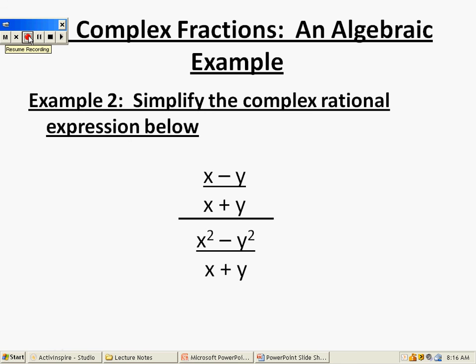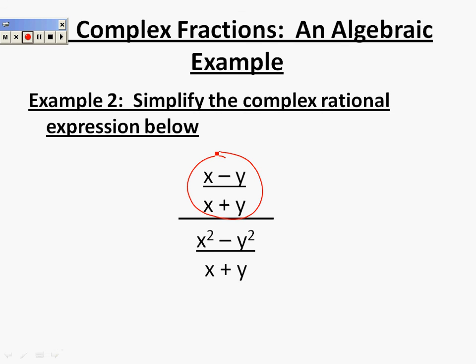So first thing I'm going to do with a complex fraction is I'm going to find the top fraction, which in this case is x minus y over x plus y. I'm going to write that off to the side here. And what's my bottom fraction? X squared minus y squared over x plus y.